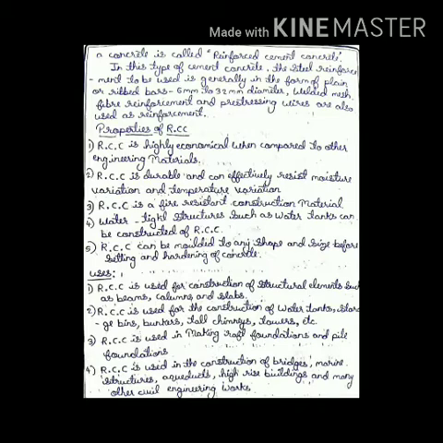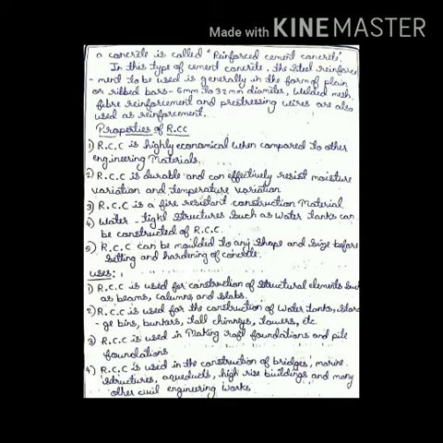Next is properties of RCC. What are the different properties of RCC? Here RCC is highly economical when compared with other building materials. RCC is durable and it resists moisture variation, temperature variation, and also the actions of all weathering agents.